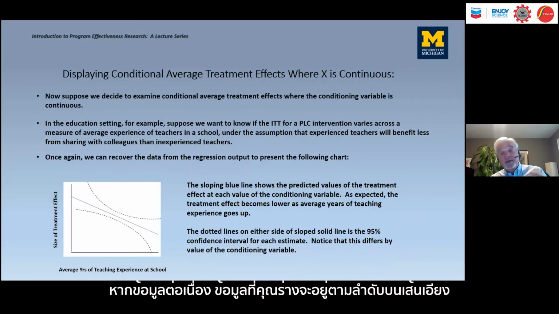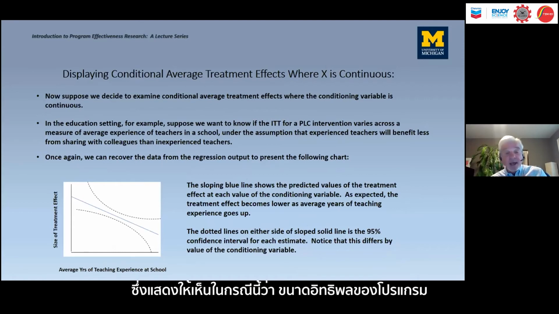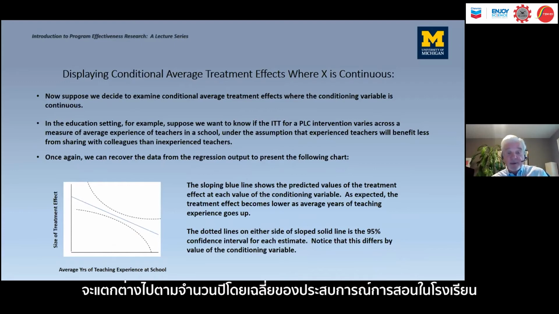If the data are continuous, what you're plotting is something on the order of a sloping line, a slope that shows how, for example, in this case, the size of the treatment effect will vary by the average years of teaching experience in a school.